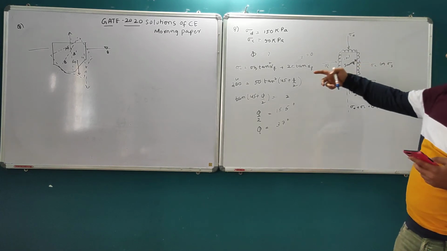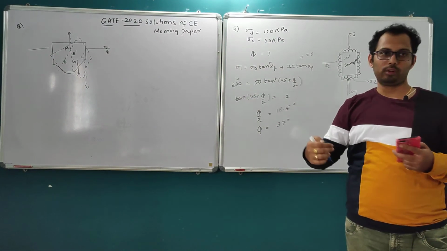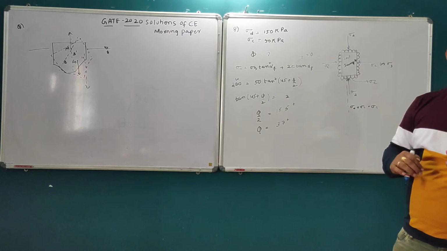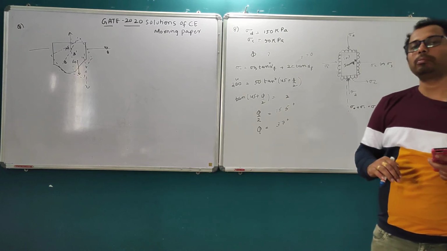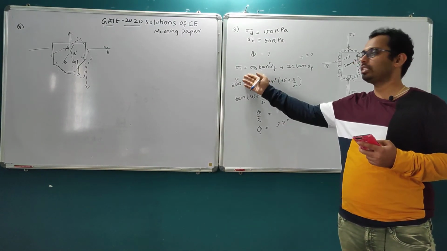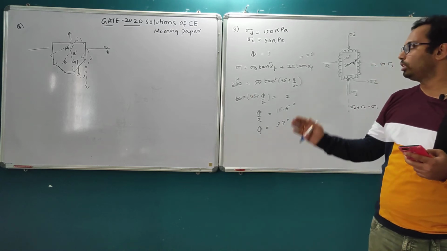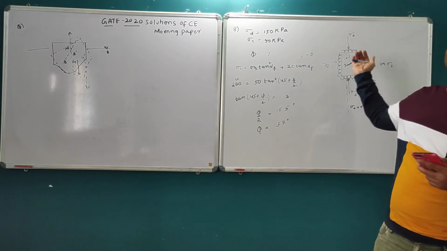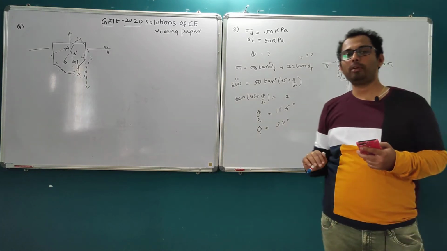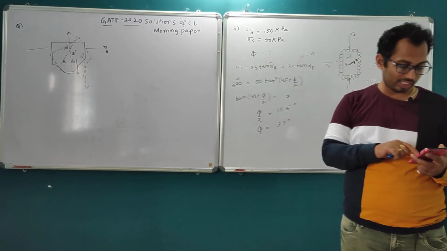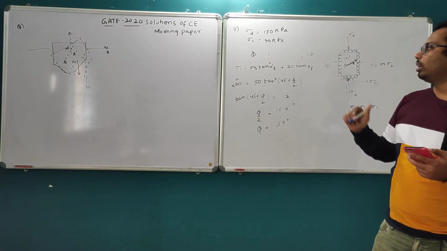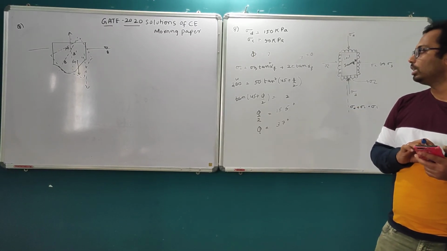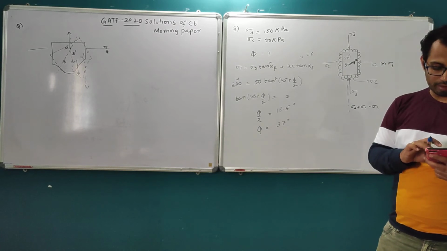Before failure, the soil attains a condition called plastic equilibrium. In that condition, we take this as sigma 1 and this as sigma 3. The relationship between the major principal stress, minor principal stress and cohesion is sigma 1 equals sigma 3 tan square alpha f plus 2c tan alpha f.